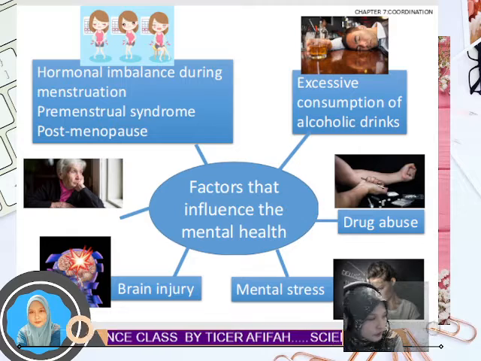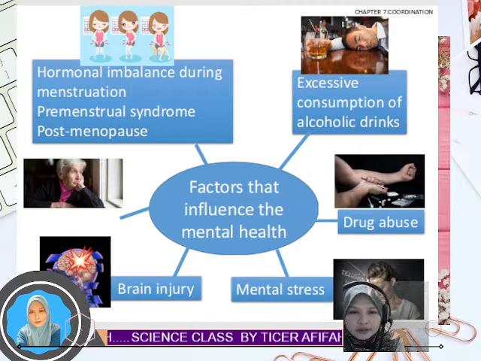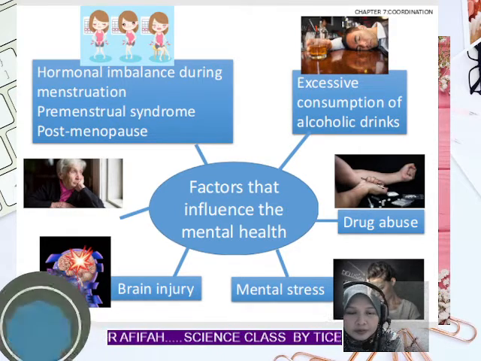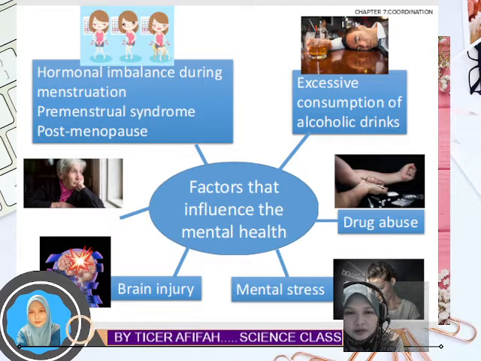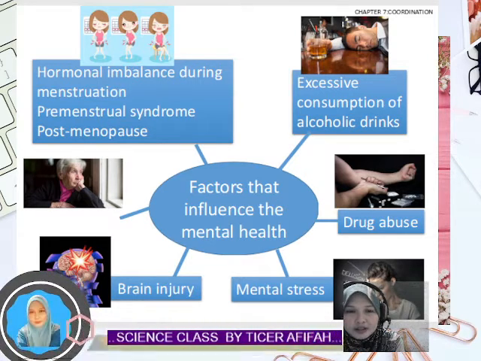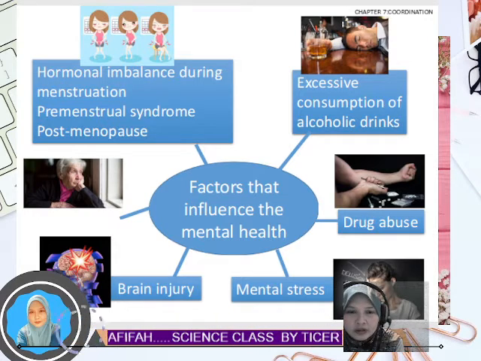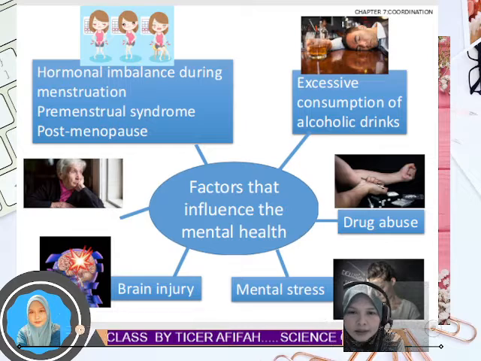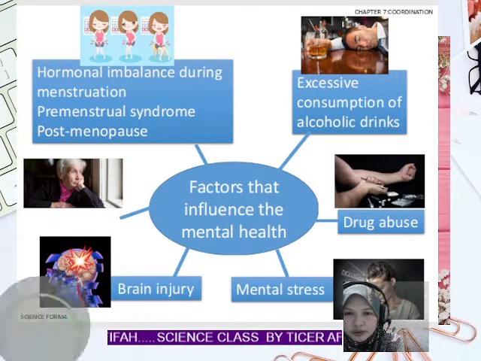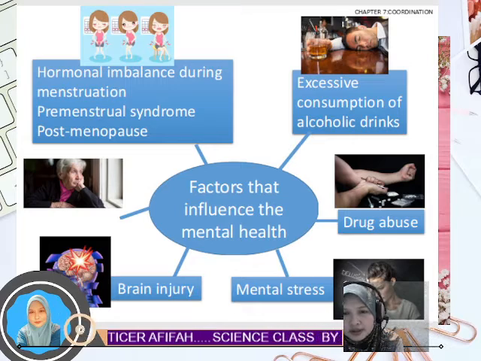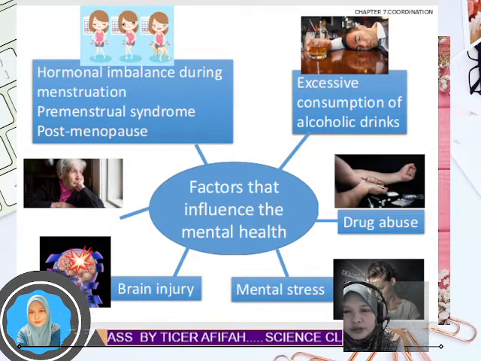Mental stress and brain injury, maybe because of an accident or a tumor, cause intellectual disruption and loss of memory or poor memory. For mental stress, you need to manage your stress so that you are not too emotional and do not disrupt your life.